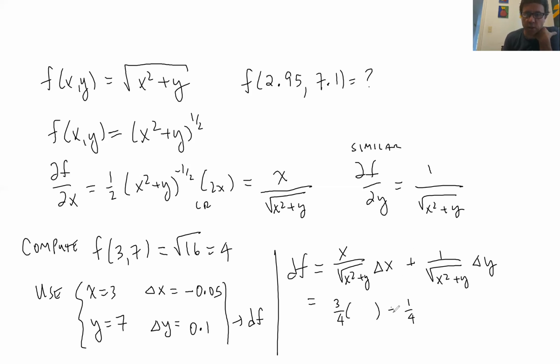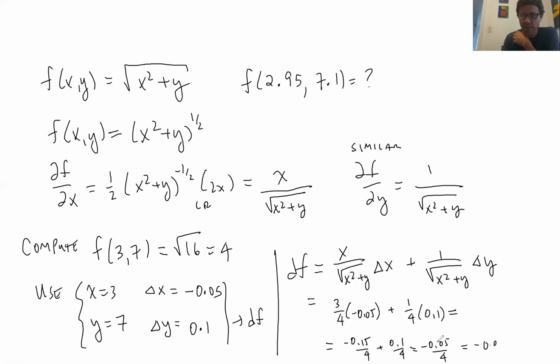Then I multiply these by negative 0.05 and 0.1. I think it's a pretty easy calculation. Multiply out: negative 0.15 over 4 and 0.1 over 4. So we get negative 0.05 over 4. Divide by 4. Is it 0.025?